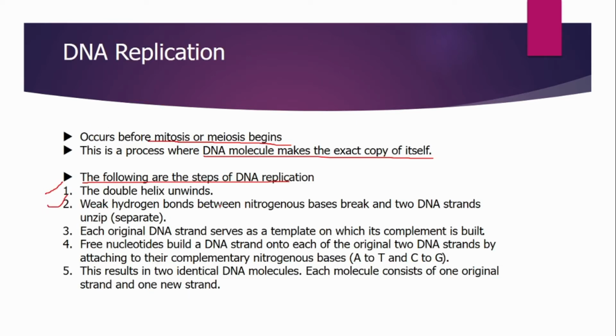Weak hydrogen bonds between nitrogenous bases break and the two DNA strands unzip. We said that between the nitrogenous bases there are weak hydrogen bonds, and they're going to break, and when they break, we're going to get two strands.